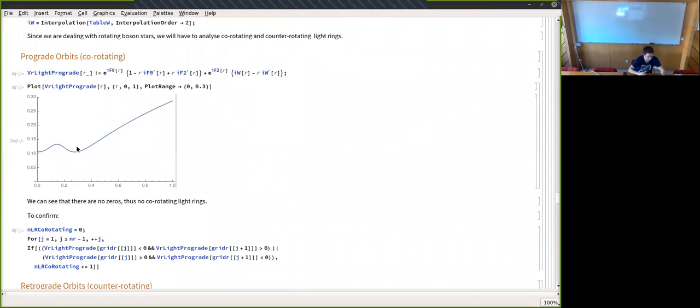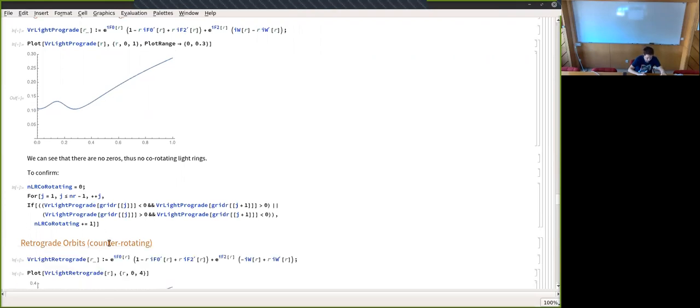What I'm answering is that for all the solutions that we obtained, which are a lot of them, and though you can always go to even stronger gravity regimes, at least for the ones that we obtained, none of them develop co-rotating light rings, only counter-rotating.